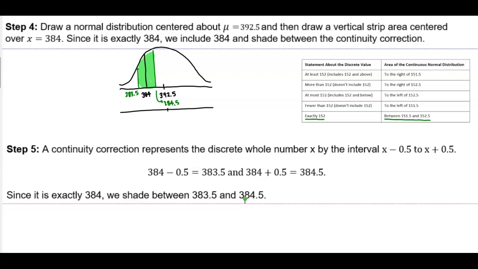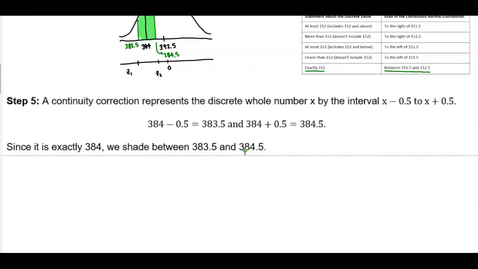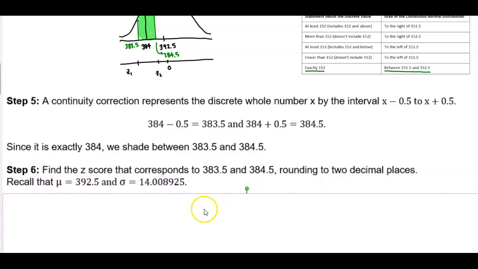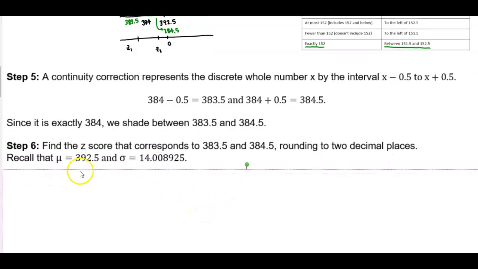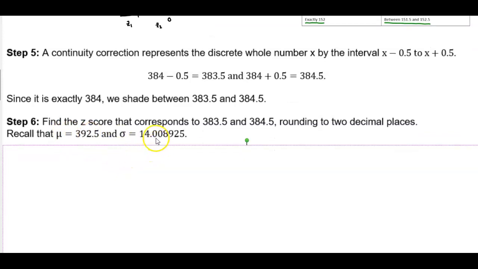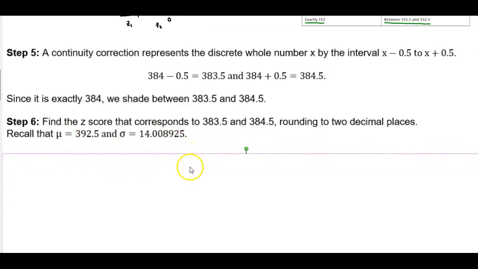So we know that the mean is going to be 0. We're going to have a z-score for 383.5, and then a z-score for 384.5. Recall that the mean is 392.5 and the standard deviation is 14.008925.